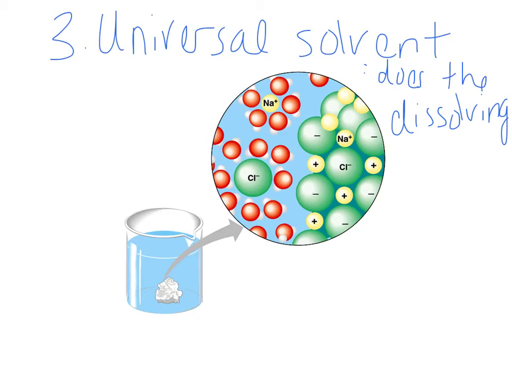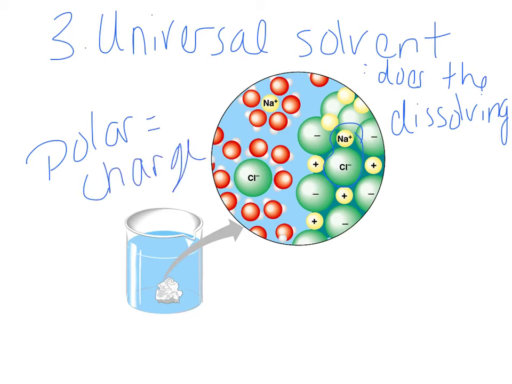Remember, ionic compounds have charge, right? I've got the positive ion and the negative ion, and they're attracted to one another, and that's how they're bonded together. Well, remember, water is polar. It's made of those polar covalent bonds, so it has a charge. Because water is polar and has those charges, it can actually break apart these sodium and chlorine ions. If you look at this picture here, I've got my sodium in the middle there, and all these negative oxygens.